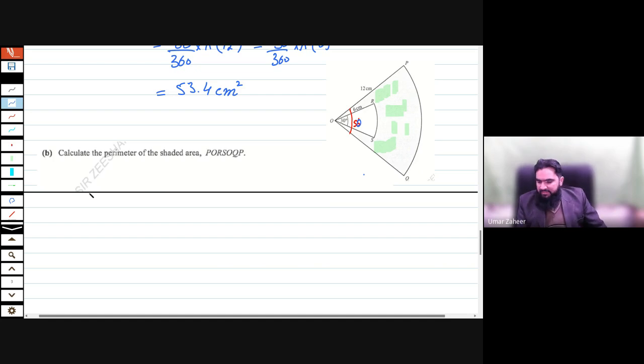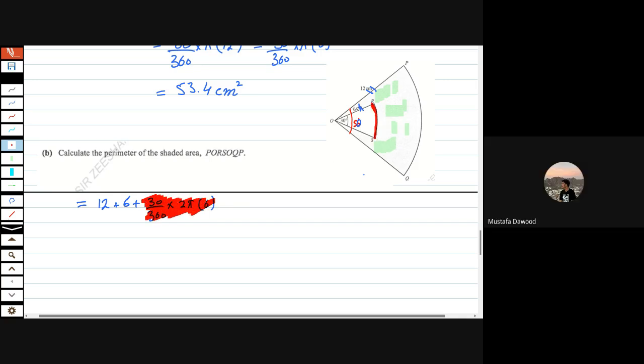So let me find the perimeter. It is going to be 12, this length, plus 6, this length, plus the arc length. Arc length is angle divided by 360 multiplied by 2 pi r, and r is 6. Is this step clear? Yes, sir.